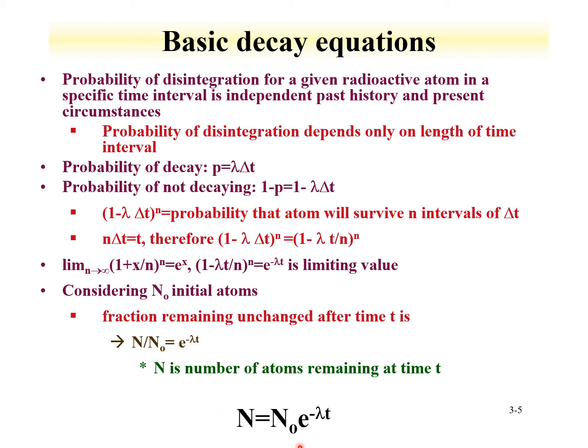We have this important equation that we've already presented, and now we've derived it: the number of initial atoms times e to the minus lambda t is equal to the number of atoms at time t. Now this could be used for moles, it could be used for mass, it can even be used for activity, since we know that activity equals lambda N. So we could substitute activity for N in this equation.